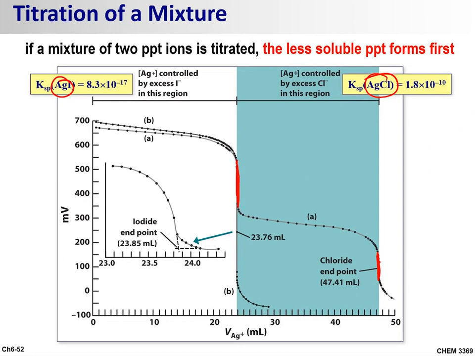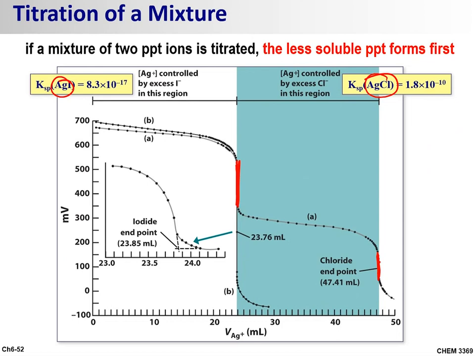So these are the sections of the titration curve that allow us to calculate the volume of the titrant at each endpoint. The first endpoint, this one, will occur when all iodide is consumed.